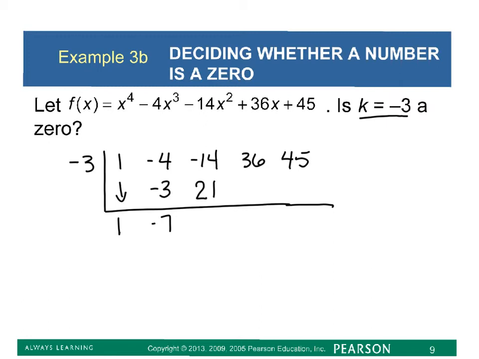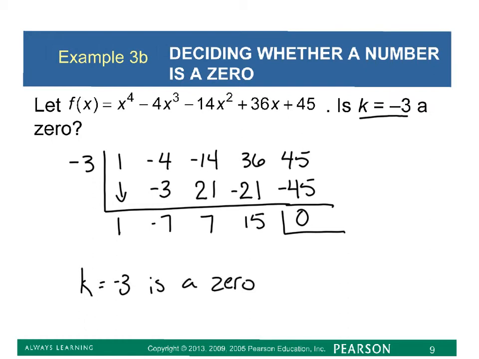And then add together those, we get positive 7. Then we get a -21 when we multiply -3 and 7. And then we add together those to get 15. -3 times 15 is a -45. And we do get 0 here. So k equals -3 is a 0 of our function.